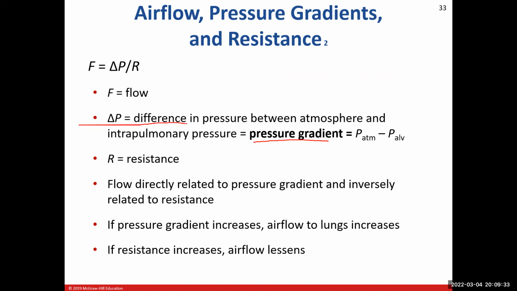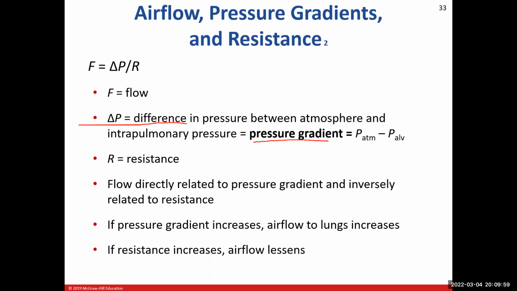Atmospheric pressure is usually going to be constant, always at 760 millimeters of mercury, or 1 atmospheric unit, unless otherwise noted. And then you should have the other value, the intrapulmonary pressure too. You take the difference of both of those and you have your pressure gradient. Then you divide that by the resistance and you'll have flow.